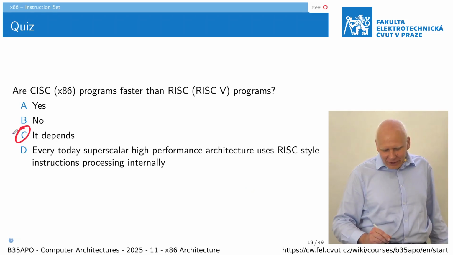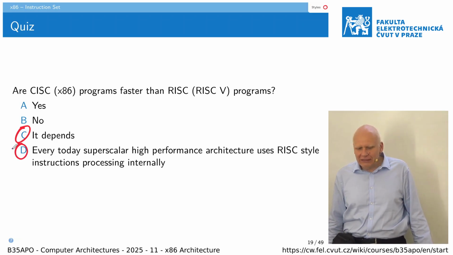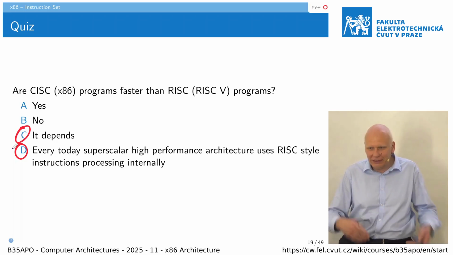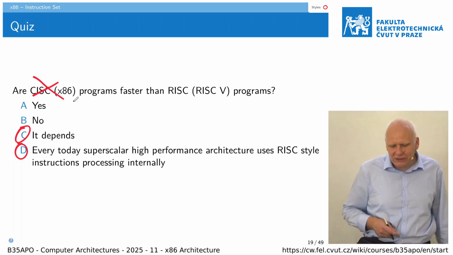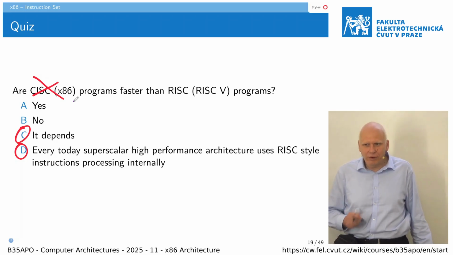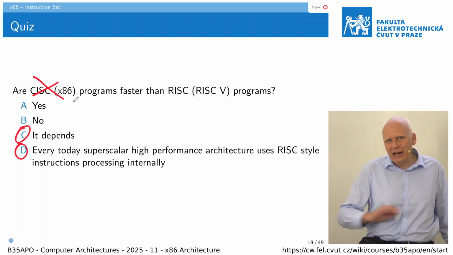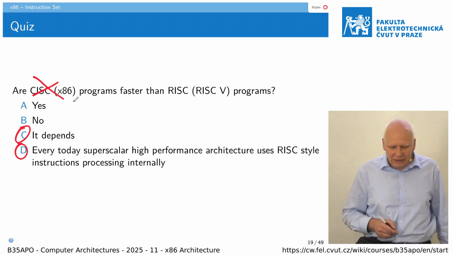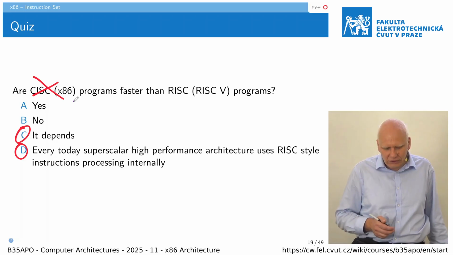But another correct answer is D, because today every high performance architecture implementation uses the RISC-like style for register naming, superscalar execution and pipelining. So in fact there is no CISC processor internally today among those high performance ones, and the small ones are ARMs anyway, or MIPS. So basically directly executed complex instruction set is nonsense today.